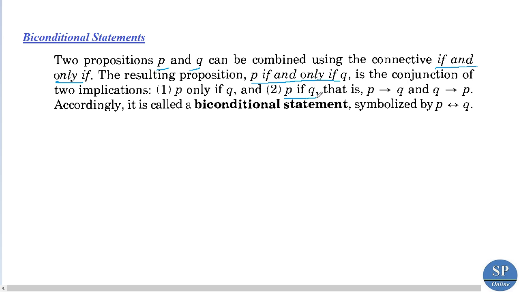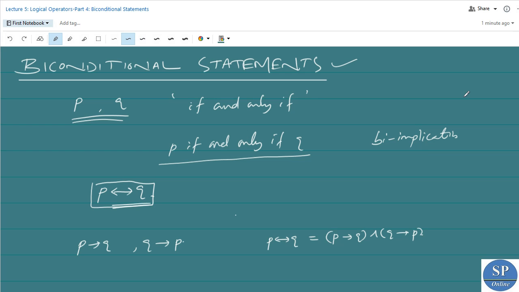That is, this is P if Q and this is Q if P. That is, P implies Q and Q implies P. Accordingly, it is called a biconditional statement. It is symbolized by this symbol, P if and only if Q. Clear?